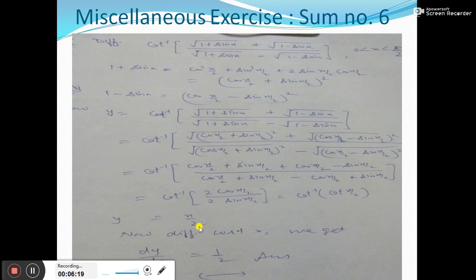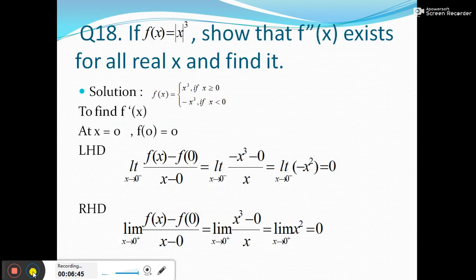We have done this earlier in inverse trigonometry. Simplify this term, and on simplification we get y is equal to x by 2, and now differentiating with respect to x we get dy by dx is equal to 1 by 2. I hope you understand this.